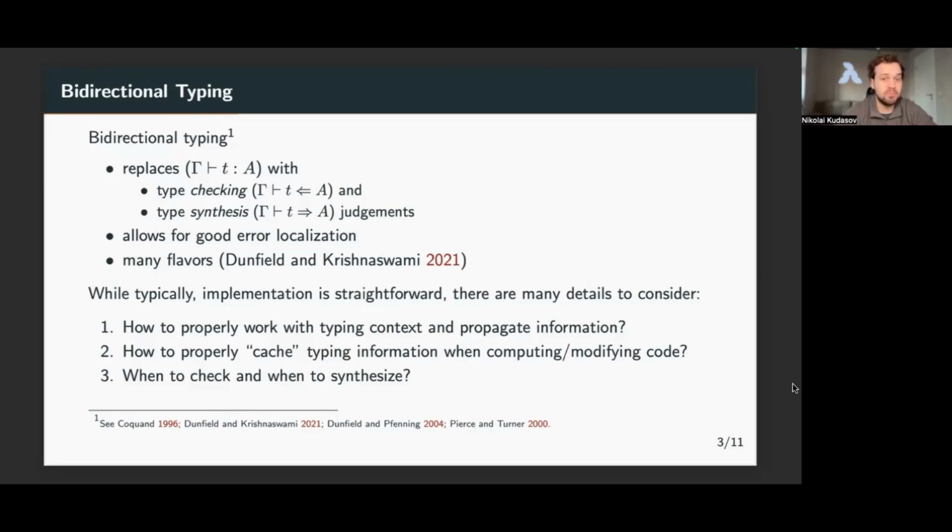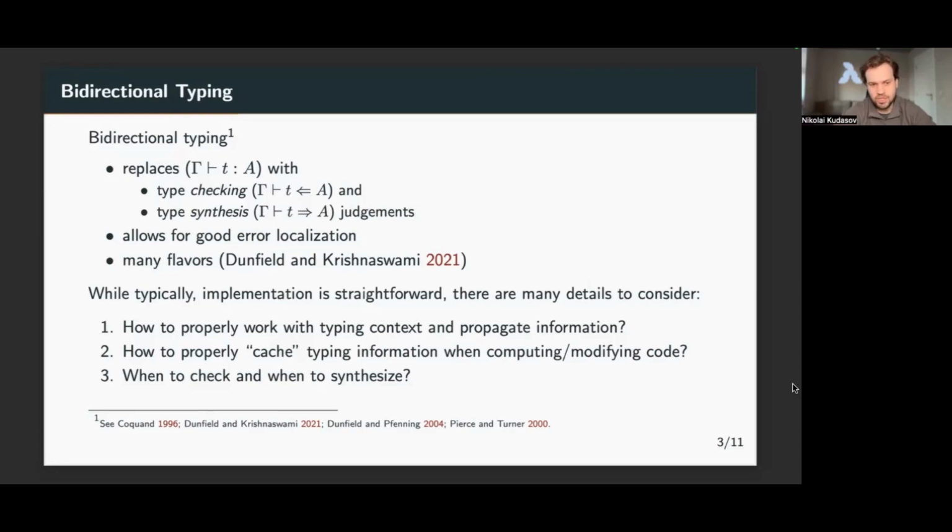This typically means better error localization, as there is no spooky action at a distance that may cause a typing error. However, this may also mean more user-specified annotations required. That said, there are many flavors of bidirectional typing, and it can even be combined with type variables to enable non-trivial connections between remote parts of the code through unification.